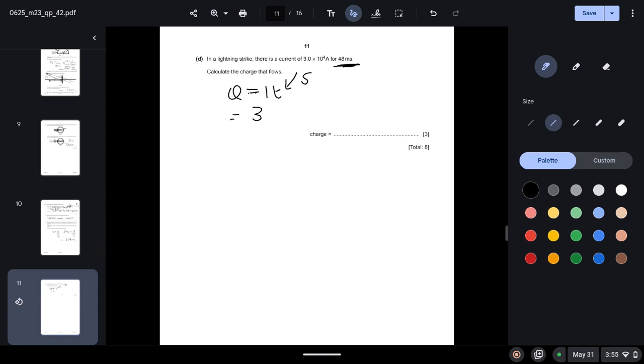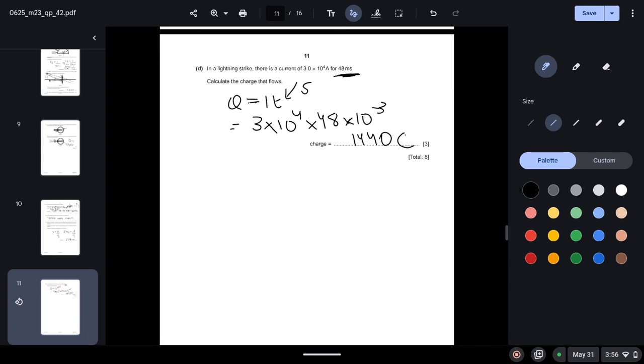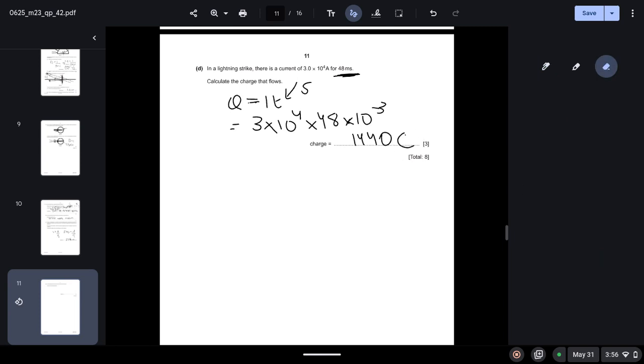So we'll write current 3 into 10 to the power 4, and seconds would become 48 into 10 to the power minus 3, since it is milliseconds. So the answer is 1440 coulombs. And please be careful to always write the unit, otherwise you lose marks.